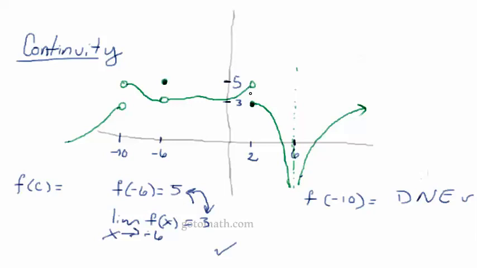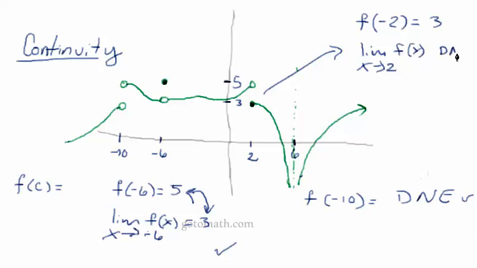Same thing goes here. First off, f of negative 2 exists, and it looks like it's 3 right here, we'll say. It's 3. But the limit as x approaches 2 of f of x does not exist, right? The limit does not exist.